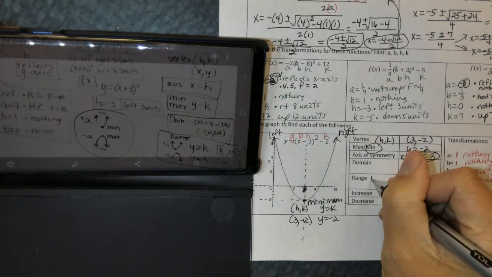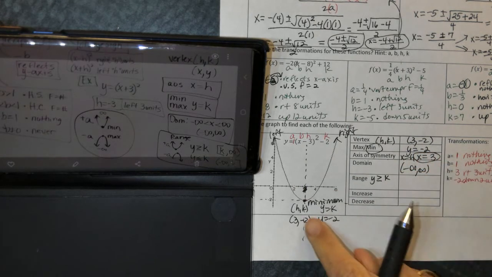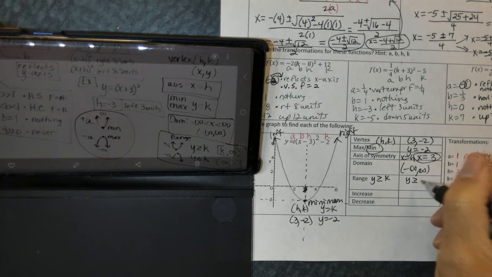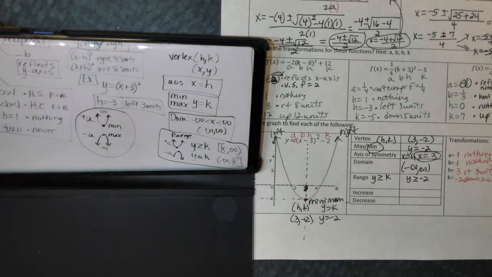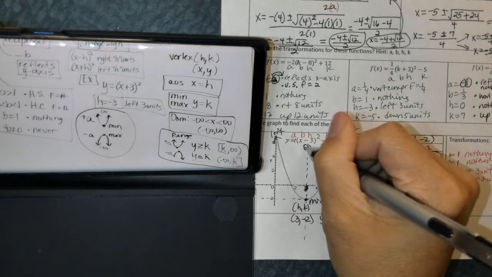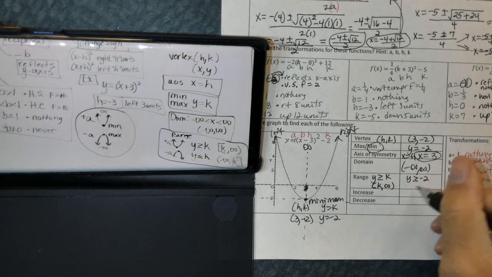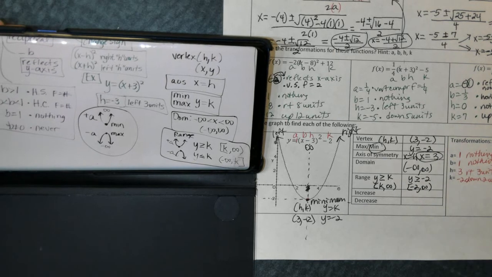So remember, that's all my y values greater than or equal to -2, which is really your k value, okay? Or you can also think of it as it starts here at -2 and it goes up to +infinity. So it starts at k to +infinity, or -2 to +infinity.